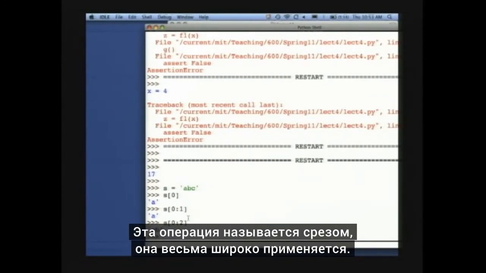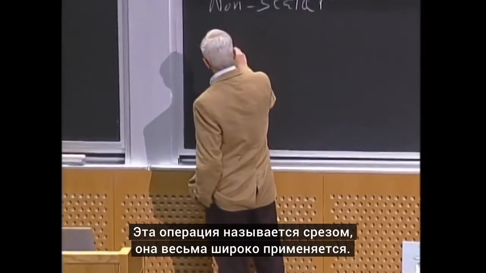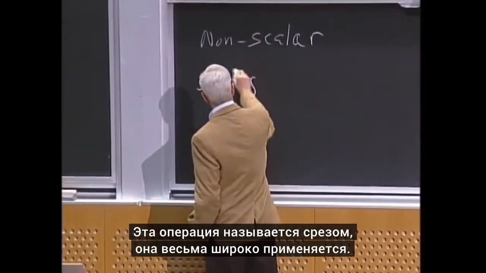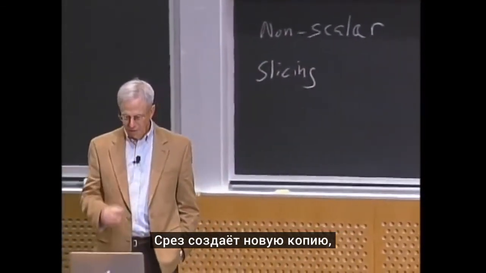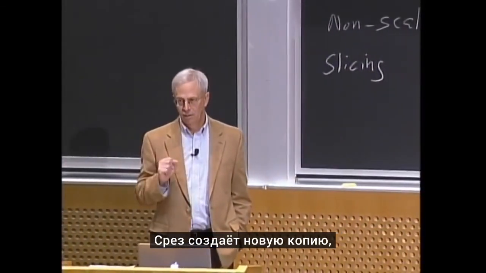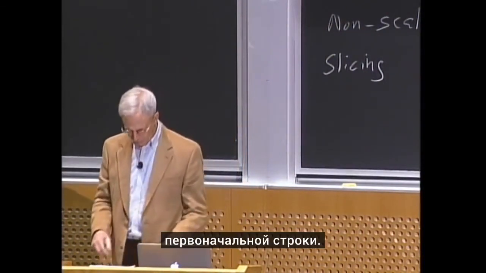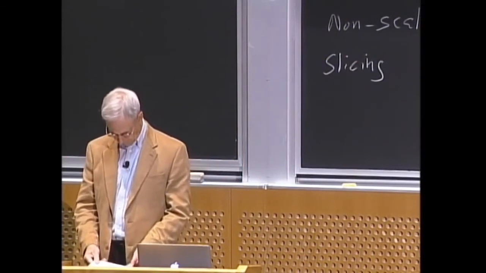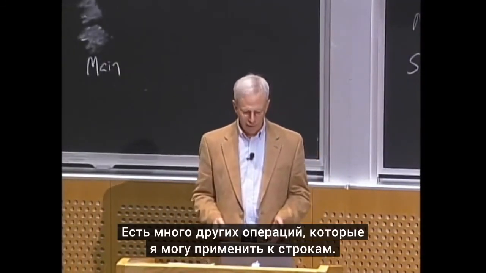This is what's called slicing. And it's very common. What a slice does is it makes a new copy, makes a new object, in this case, which is a substring of the original string. There are many other things I can do on strings.